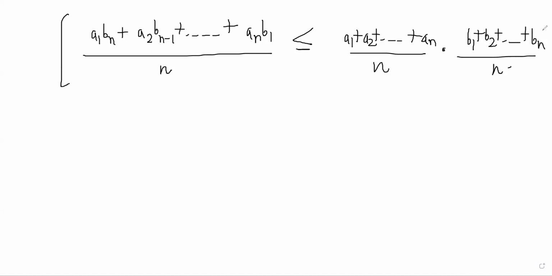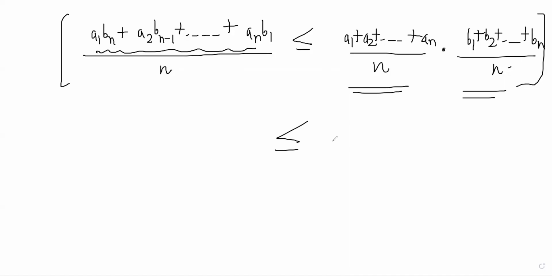So we have proved Chebyshev's inequality here, which is saying that the average value of the reverse order sum is less than equal to the product of averages of the two sequences, right? So this is the reverse order sum divided by n, because there are n terms here. So this is the average value of a term in the reverse order sum is less than equal to the product of the averages of the two sequences, right? And that is less than equal to the average value of the same order sum.